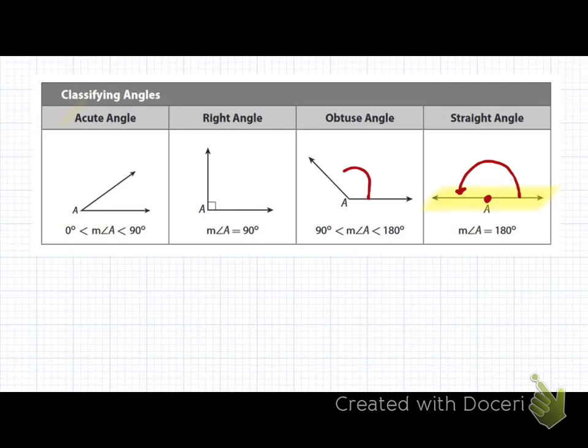Where this one went more than 90 but less than 180. This one went exactly 90, and this one went less than 90. So technically our straight angle is an angle. So these are the angles. You should know these already, but just a quick review.